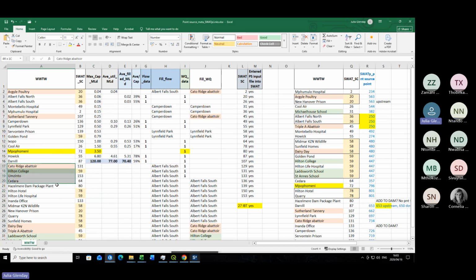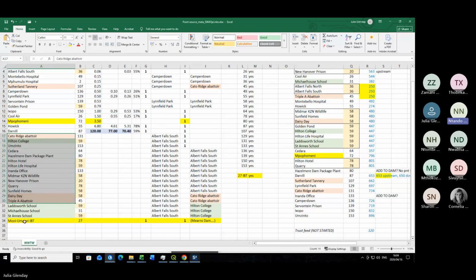So for these other ones, I know they might be managed by different groups and not uMngeni Water ones. Is that right? Yes, most of them are outside of our jurisdiction.